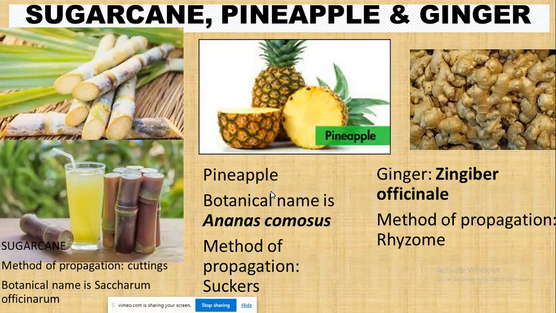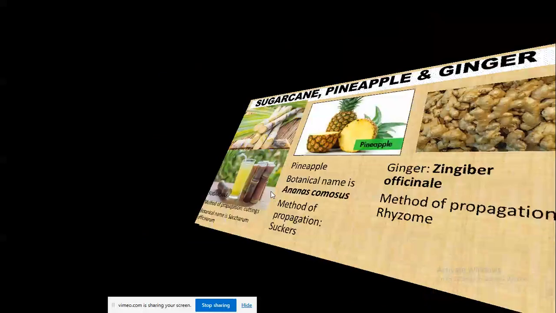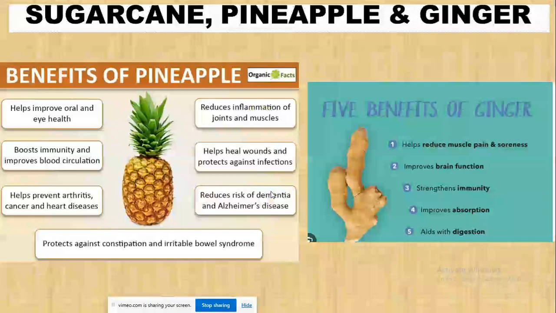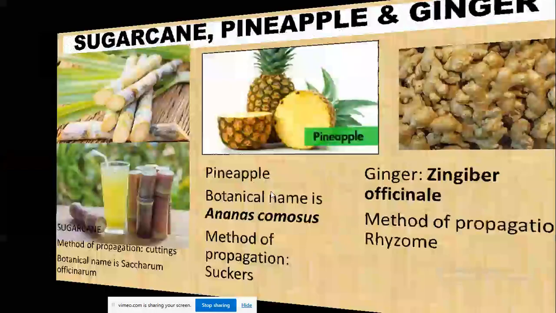Then for the pineapple, we call it Ananas comosus. The method of propagation for pineapple is suckers. As you can see, the ginger: the method of propagation for ginger is rhizome, as you can see on your screen. So you can see some of the functions of sugarcane, pineapple, and ginger to our body.